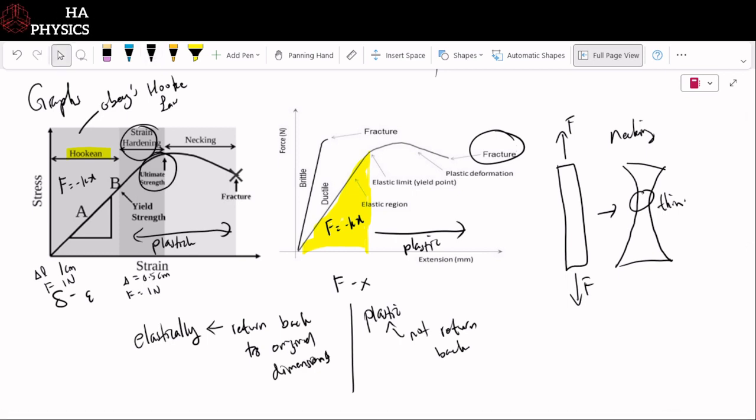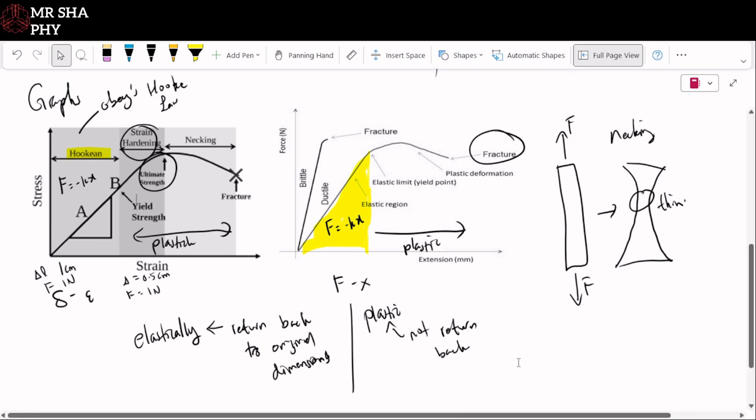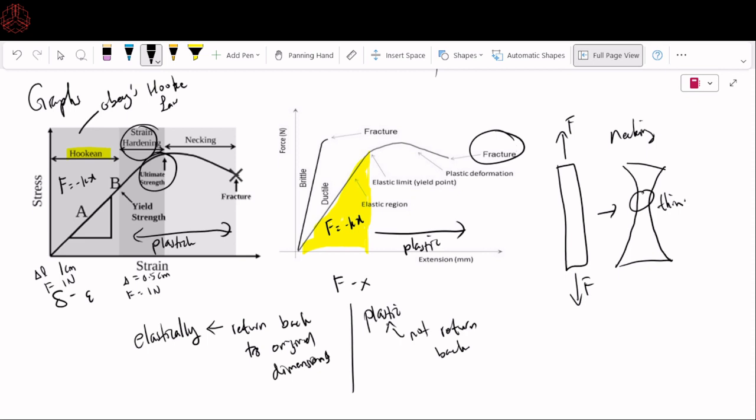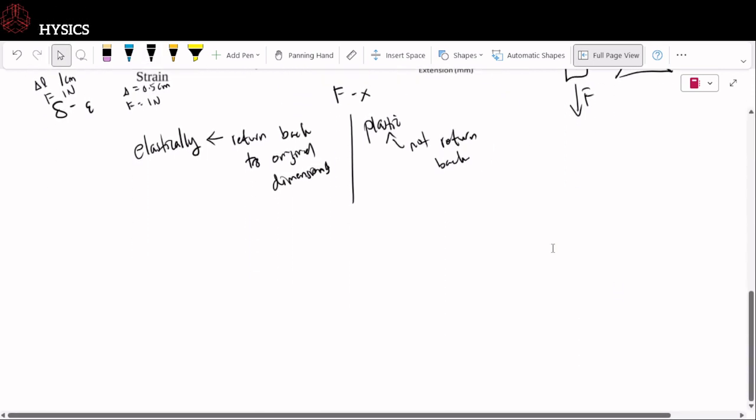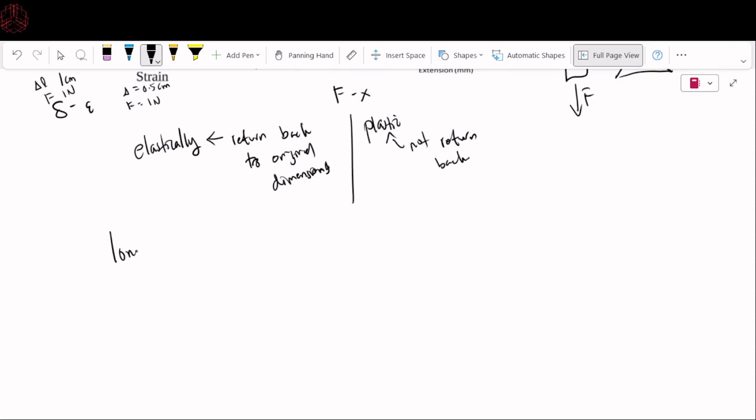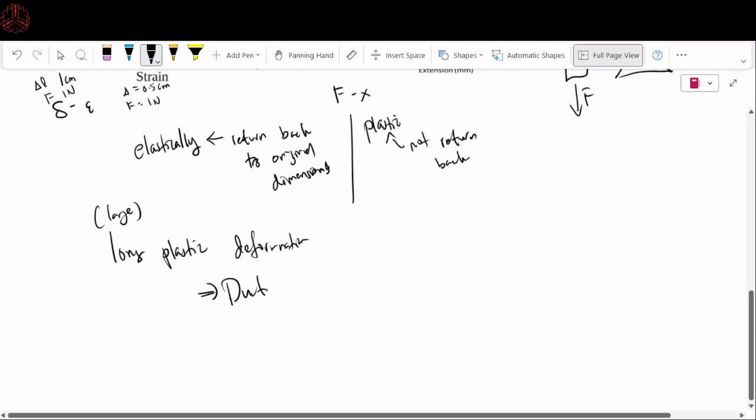Okay, so if you have a long plastic deformation, a long or large area of plastic deformation, this material is called ductile.